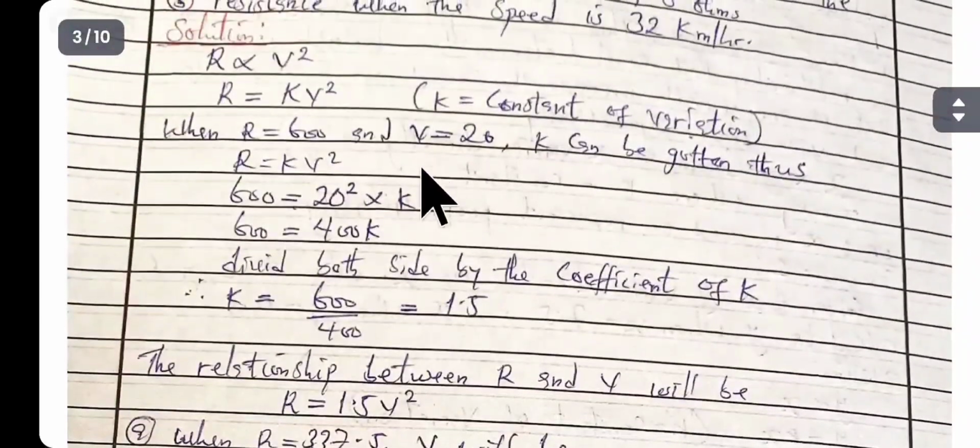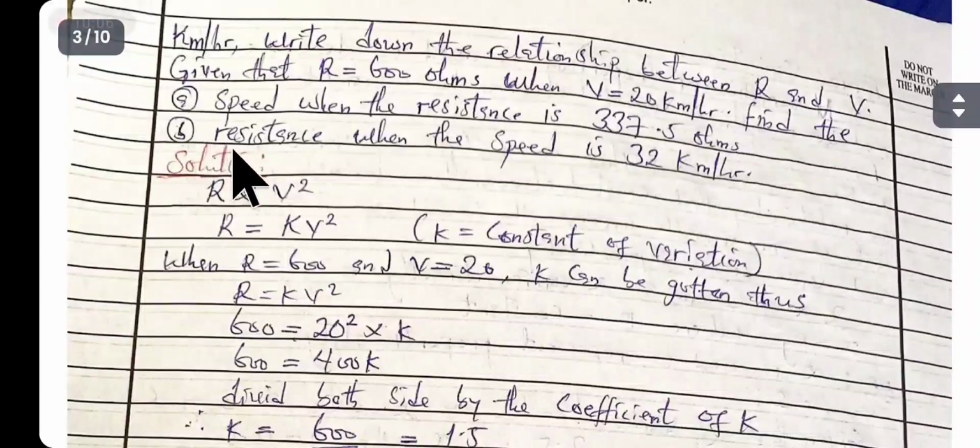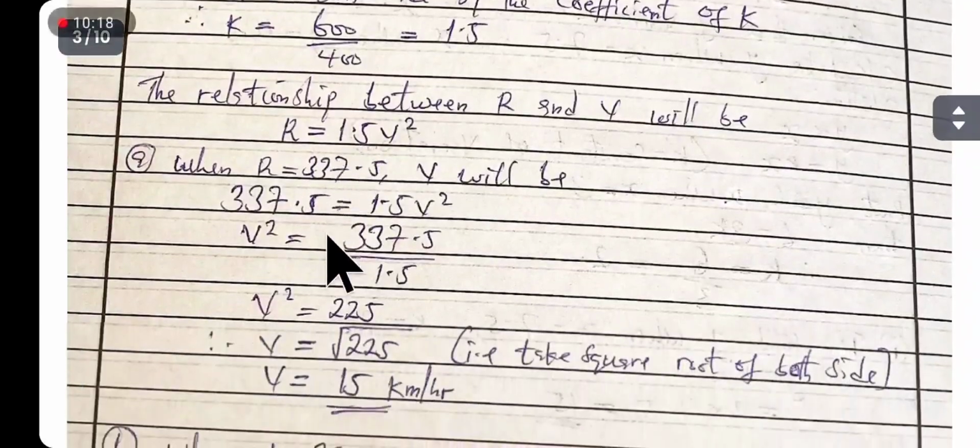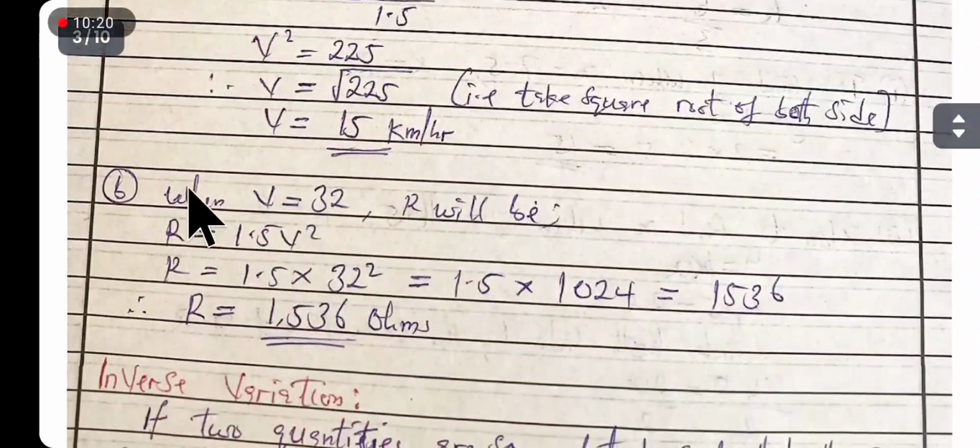So the next question, the B part, they ask us to find the resistance when the speed is 32 km per hour. We are looking for resistance now. We are using the same relation, R is equal to 1.5 V squared. That is what we are still using. Alright, so when V is equal to 32, R will be equal to 1.5 V squared.